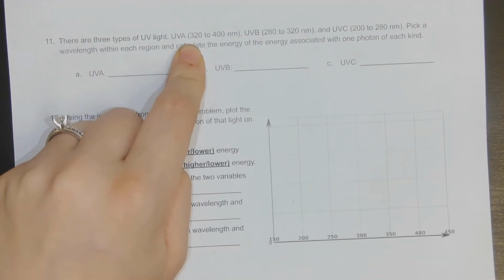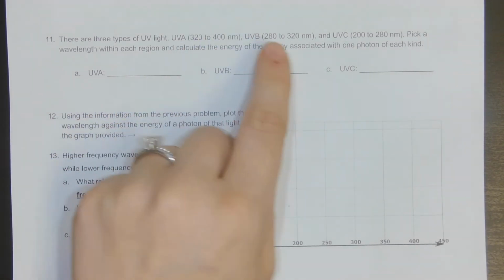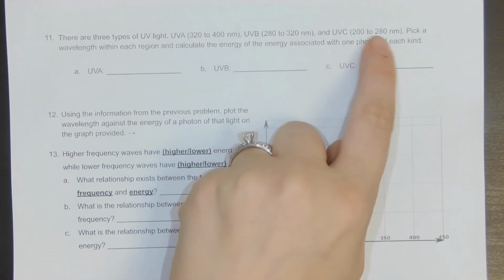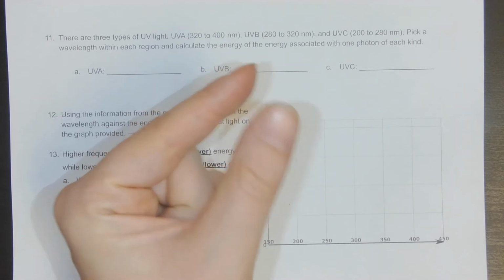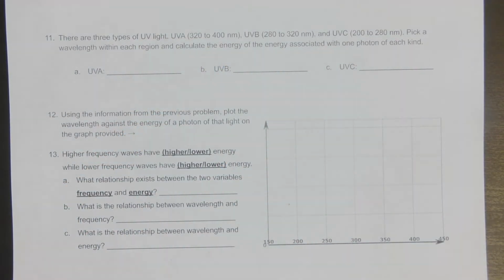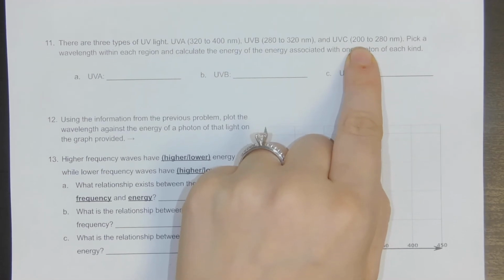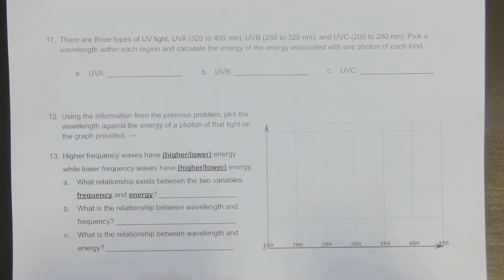UVA is about 320 to 400 nanometers. UVB, here's the range. And UVC, here's the range. Remember that the shorter the wavelength, the more energy that it is. So this 200 wavelength is a tinier, more energetic wave than this one.